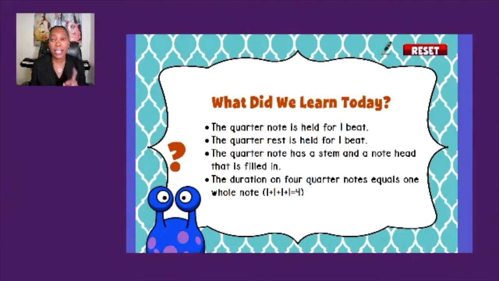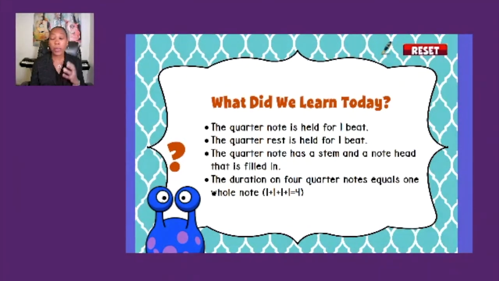All right, so let's talk about what you learned today. You learned about the quarter note. The quarter note is held for 1 beat, and the quarter rest is held for 1 beat as well. The difference is the quarter rest is a silence in music, and a quarter note is a sound in music that gets 1 beat.